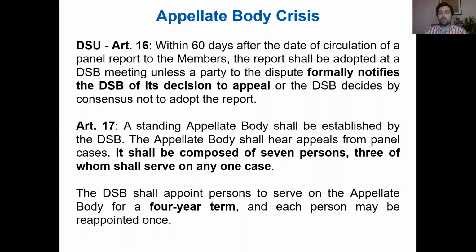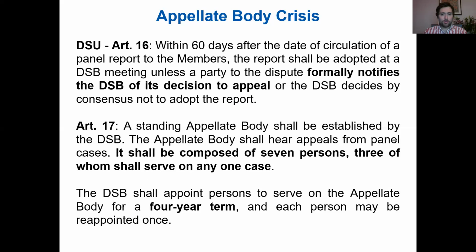So those decisions of panels which are appealed formally go into limbo. We don't know actually what their status is. They can neither be adopted, nor could the appellate body take care of those matters. So that is a big disadvantage of the current situation, because there are decisions still rendered by panels.